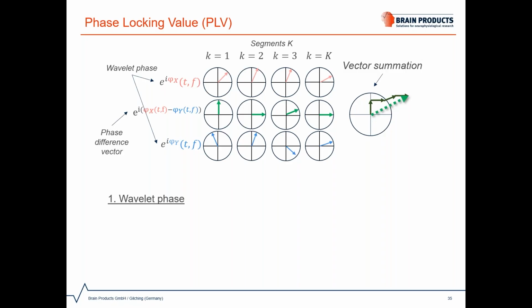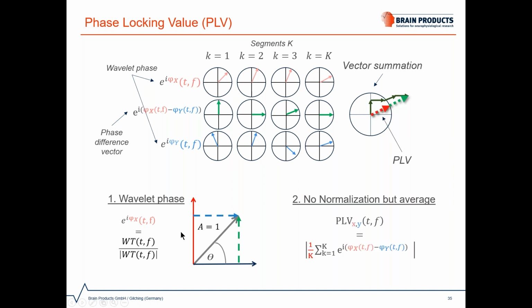The difference vector from these normalized quantities also have the length of 1, and the resulting summation will not be biased by the amplitudes. The wavelet phase is extracted by dividing the raw wavelet coefficients by their own amplitude, resulting in an amplitude of 1. The phase locking is then extracted from the amplitude of the average vector.